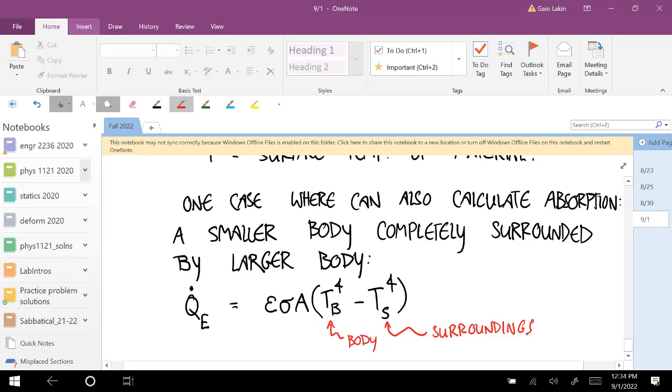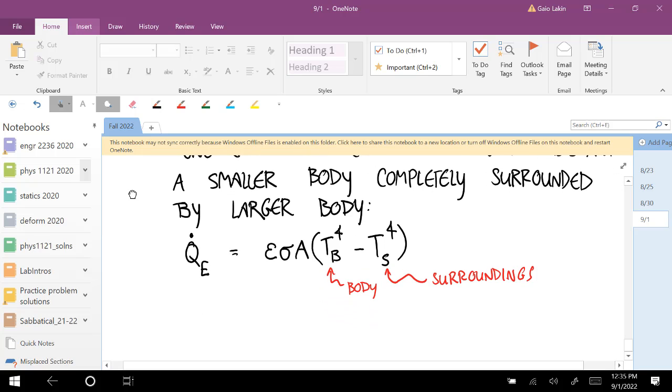And you can make sense out of that because if you have net radiation emitted, that means that the body has to have a higher temperature than the surroundings. If the surroundings have a higher temperature, this comes out to be negative. Then epsilon is the emissivity of the smaller body.